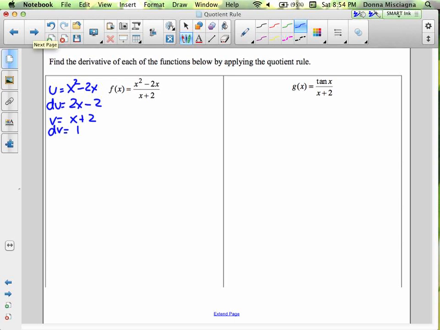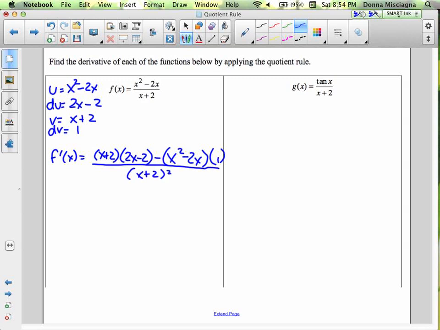All right, so our derivative, f prime of x, is going to be the denominator, x plus 2, times the derivative of the numerator, 2x minus 2, minus the numerator, x squared minus 2x, I got to be careful to use parentheses there, times the derivative of the denominator, times 1, all divided by the denominator squared. So let's simplify that.